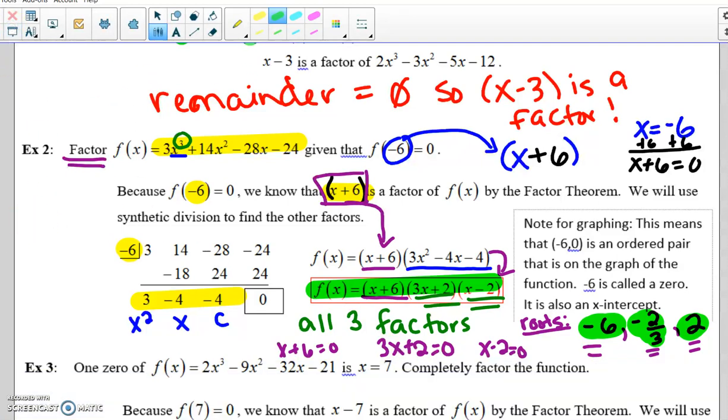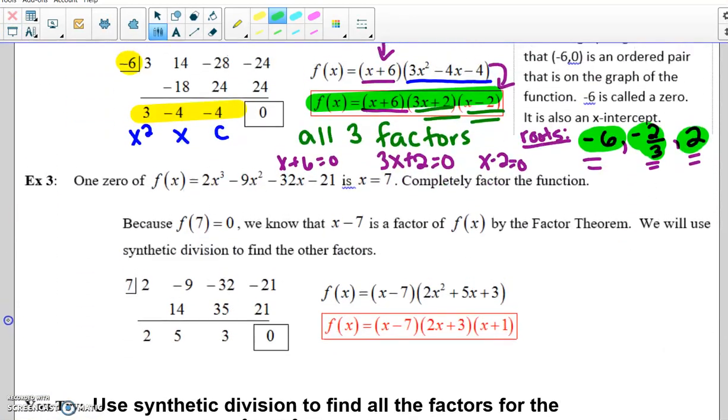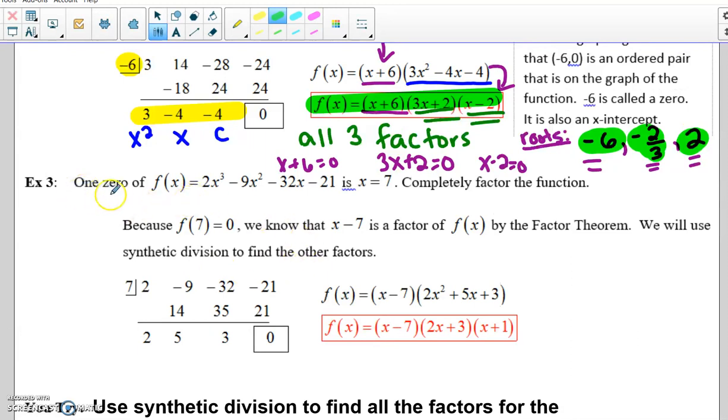All right, the final one on this section, before we try one, says one of the zeros of this function is x equals 7. They're already telling you one of the zeros. They've already set it equal to 0 and solved it, and they got a 7. So they're telling you it's a root or a 0.